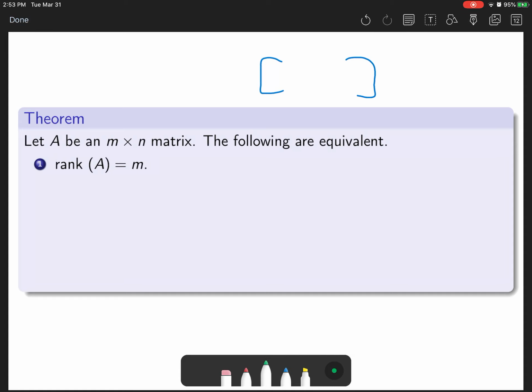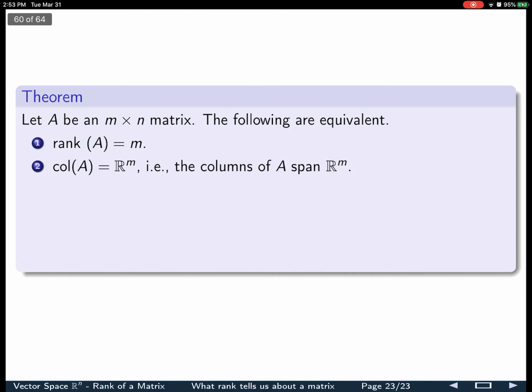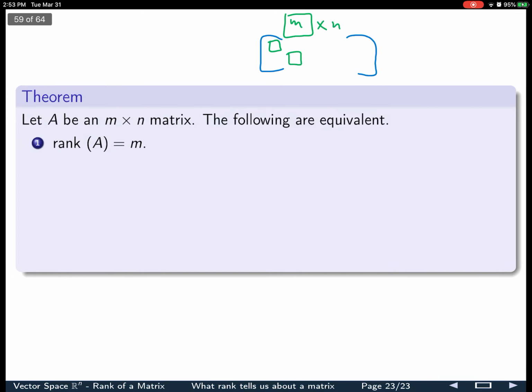So in this case, our rank would be equal to m, so we've got full row rank. That is equivalent to saying that the columns of A span Rm. So again, in this context, I put two pivots there. So the columns here would span R2. Wonderful.